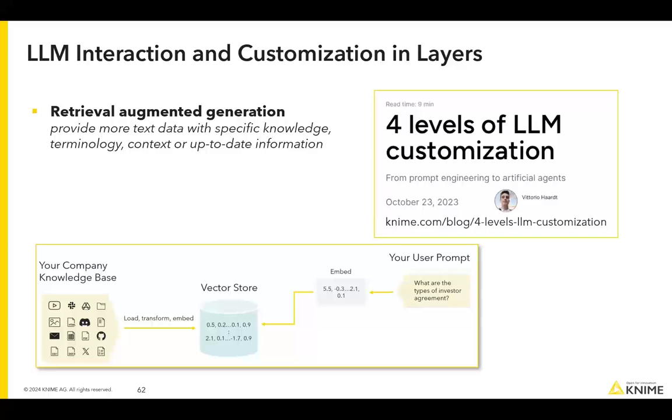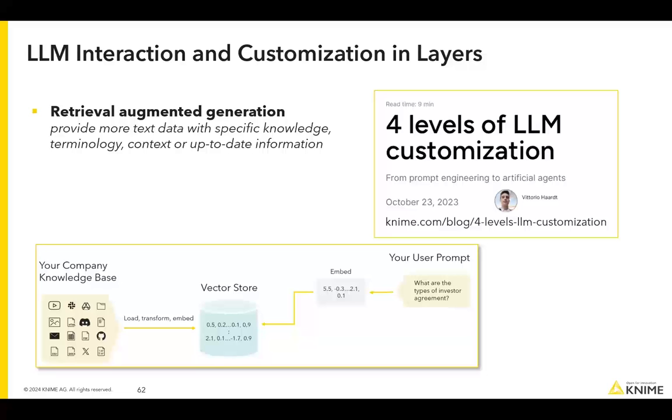If you ask ChatGPT this question, we'll probably still get some output. But is it the output that we would like to have in our specific case? For example, if we work for a bank and the bank has specific types of investor agreements, not all of them, but maybe just two or three that it offers to clients, we want to customize and fine-tune that response.